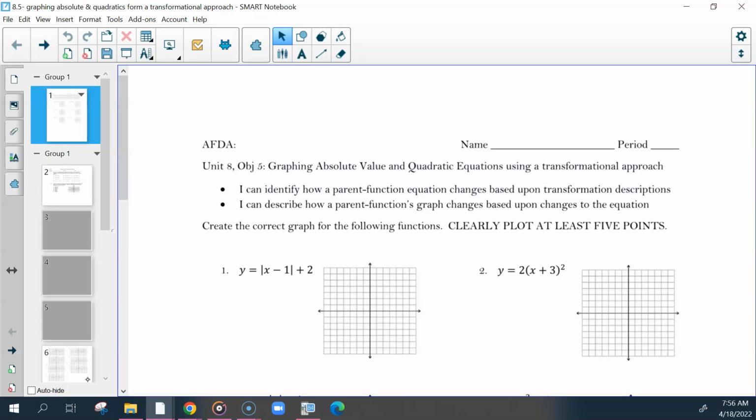So everyone should have this in front of them. This is the last set of notes for Unit 8. On the back of this sheet is review for not everything, but objectives 3, 4, and 5.